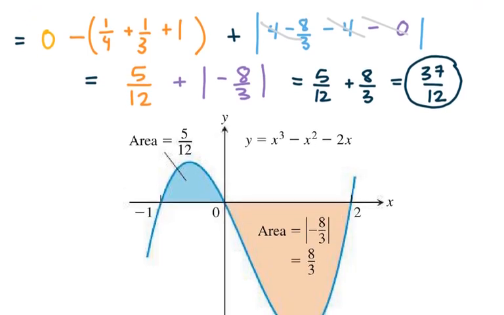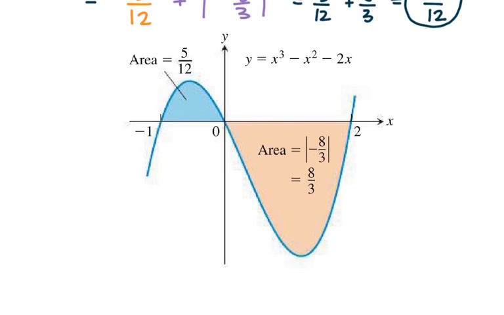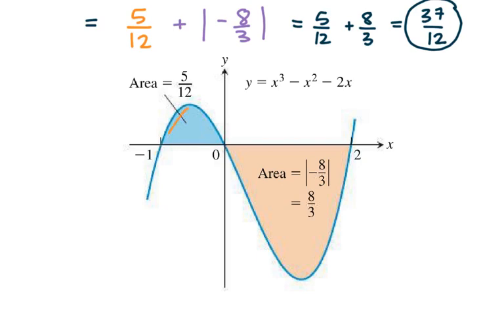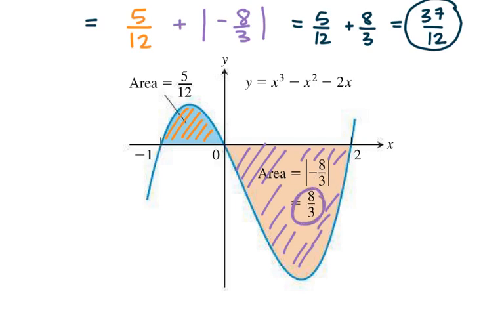And so I've pulled in a nice picture from our text just to help you see. We have our 5/12, and then our negative 8/3 is coming from this region. So we had to turn that to a positive 8/3 value to add them together and get that the total area of the curve, x cubed minus x squared minus 2x, along the interval from -1 to 2, that total area is 37/12.